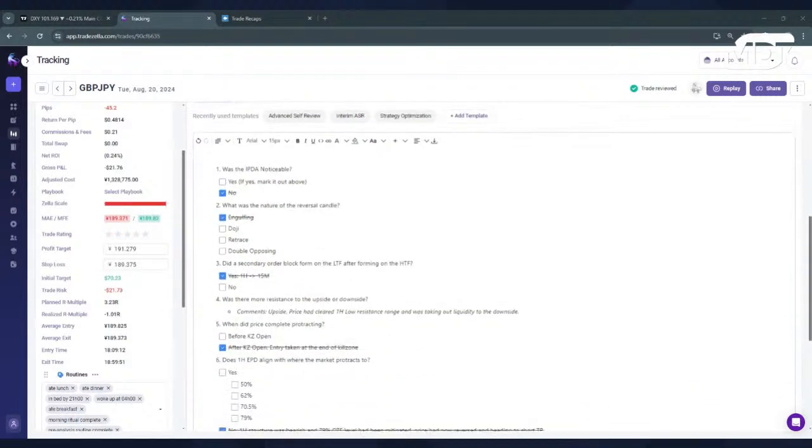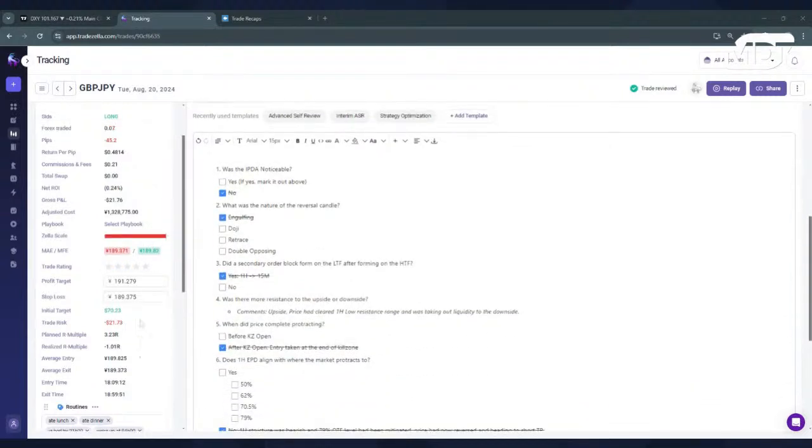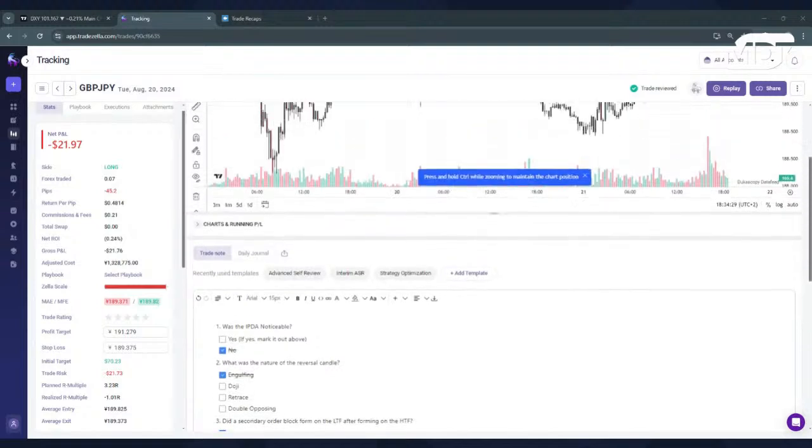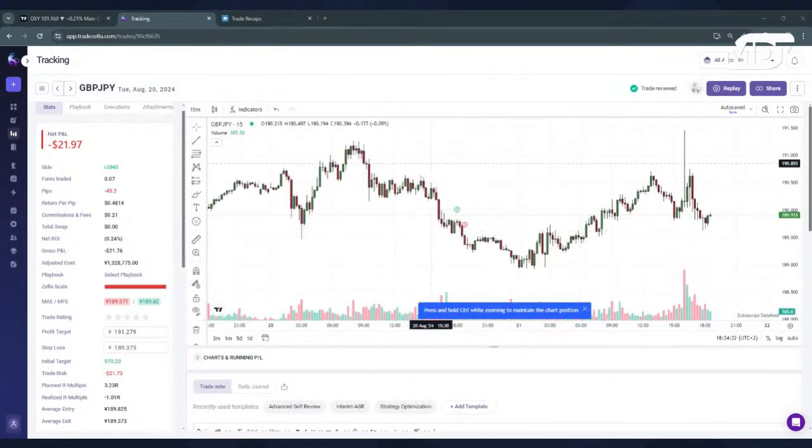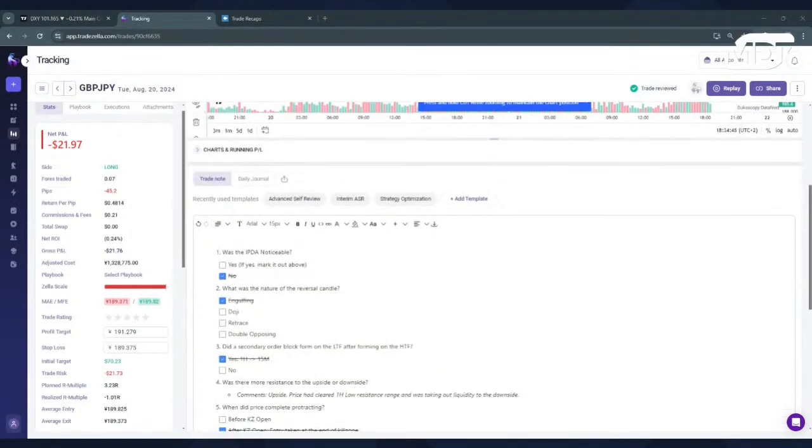So, long setup, let's work through it. Interbank price delivery algorithm, no. We were distributing into the setup, or into that entry area. So nothing there.